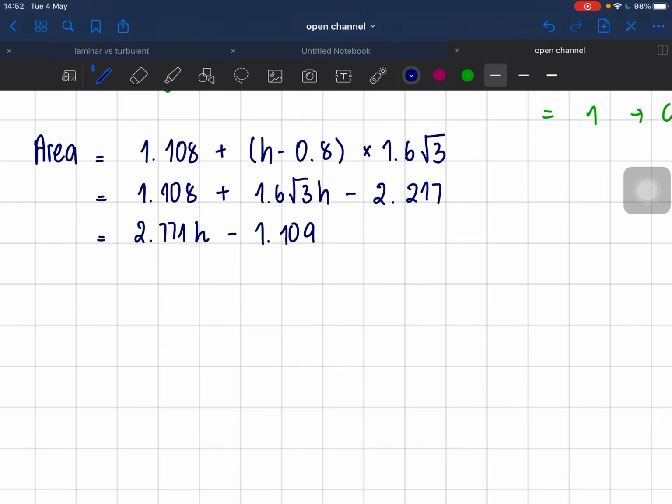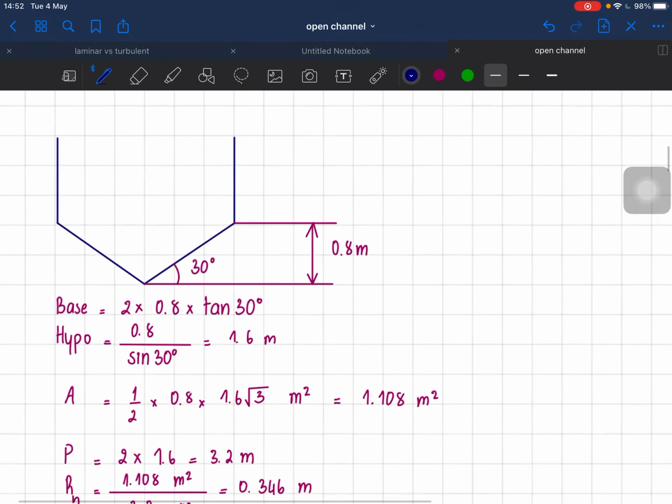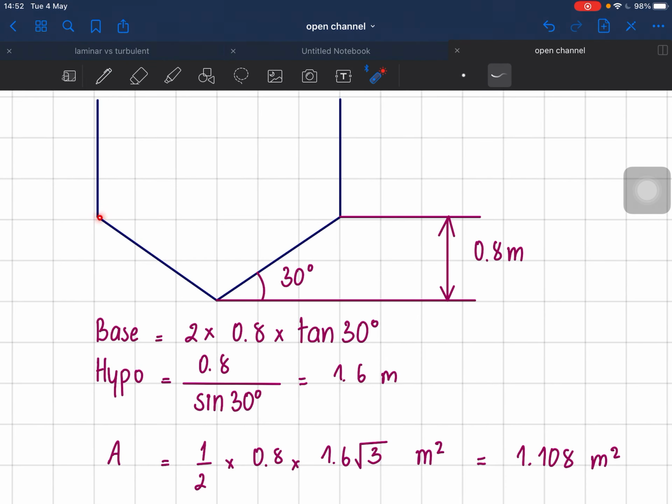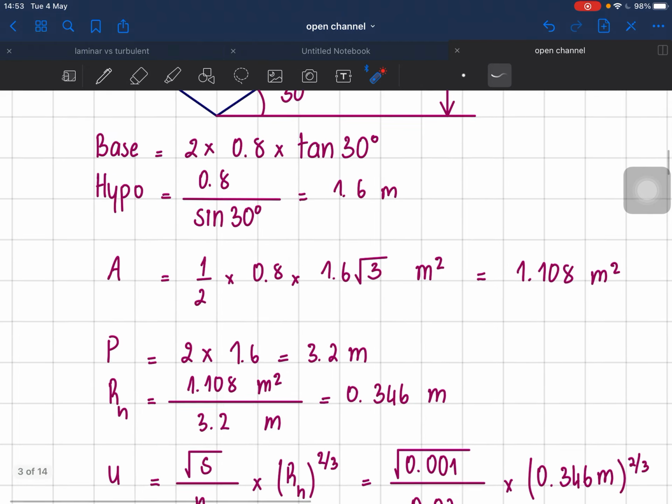And then we have P here. The parameter is too long, I don't want to write it, so it's this parameter, and then we add a little bit of here, a little bit of here. We don't know how long it is, so it's two sides, right? If there's only one side, it's h minus 0.8, so for two sides we just multiply by 2.